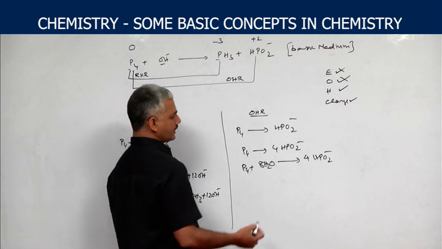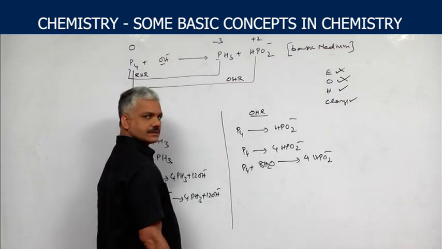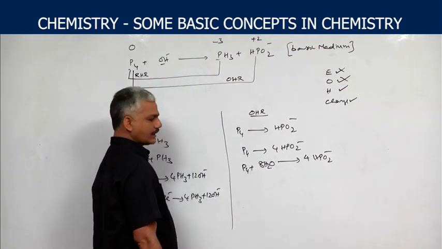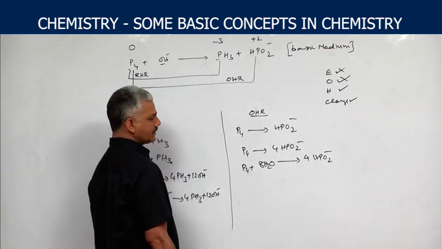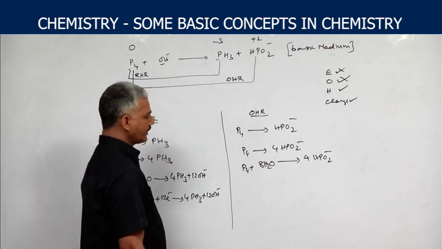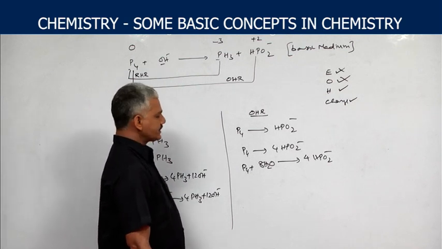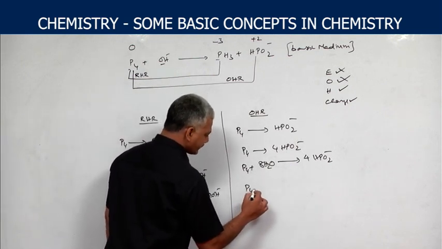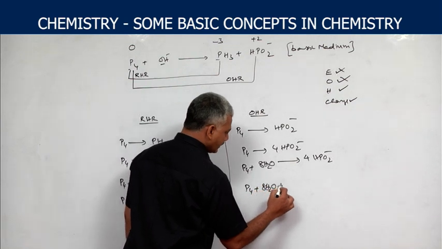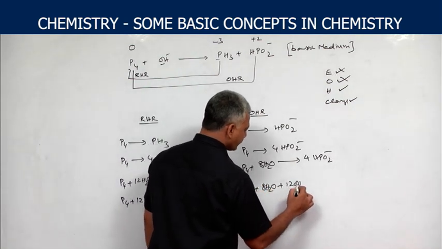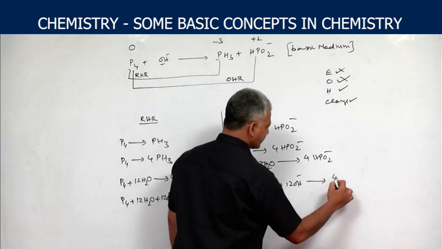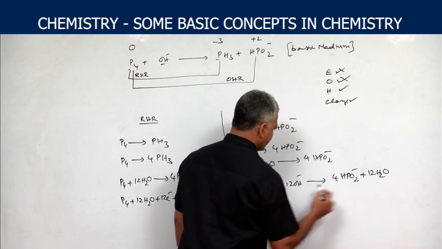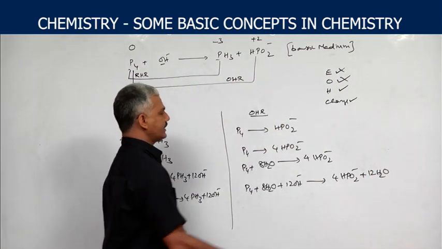Now, coming to hydrogen, on reactant side 16 hydrogens are present, whereas on the product side 4 hydrogens are present. So, the product side is deficient by how many hydrogens? 12 hydrogens. In order to balance the hydrogens, we will add required number of water molecules on the deficient side and equal number of OH minus ions on the opposite side.